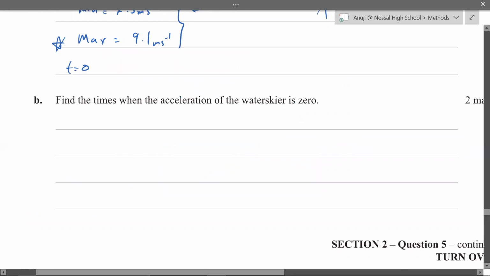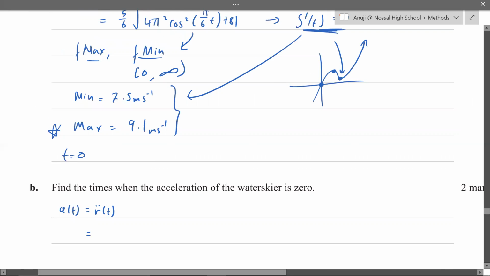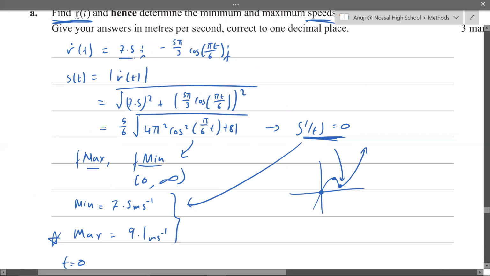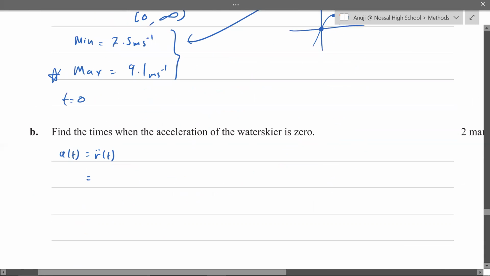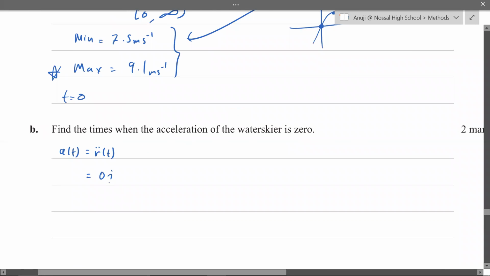Find when the acceleration is 0. So that is r double dot t, so again, we found r dot t from here. The constant goes to 0, and then cos goes back to sine. So 0i plus 5 pi squared on 18 sine pi on 6 t j.